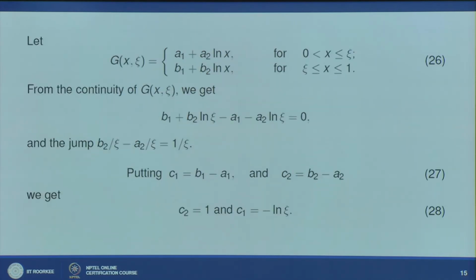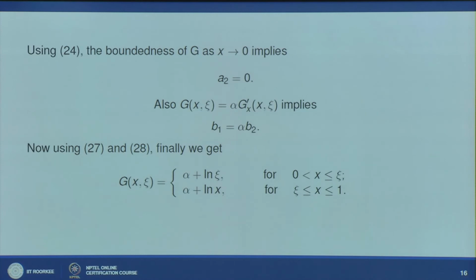Using this, now we put the condition that A1 plus A2 ln x satisfies the boundary condition given at the point x equal to 0, and B1 plus B2 ln x satisfies the boundary condition given at the point 1. The boundary condition given at the point x equal to 0 is that your solution remains bounded as x tending to 0.